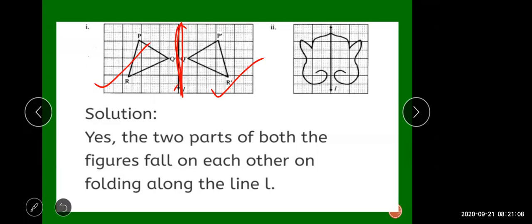Here is the freehand drawing. If you fold this figure along the line L, we will get the same drawing on the other side. So what is the solution? Yes, the two parts of both figures fall on each other on folding along the line L.